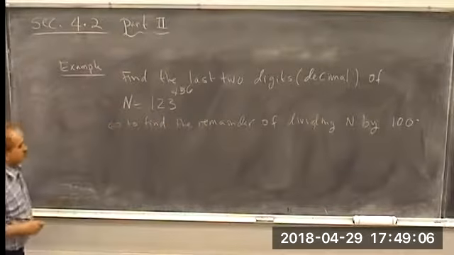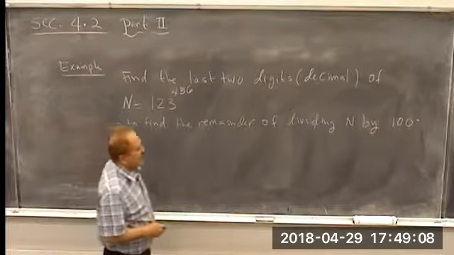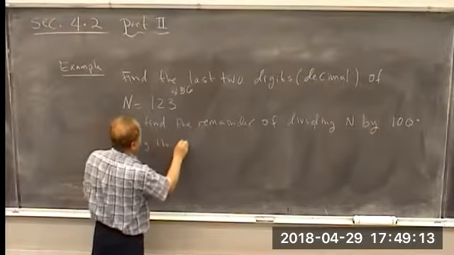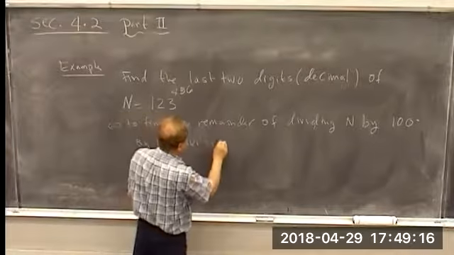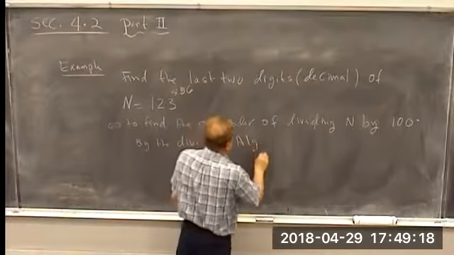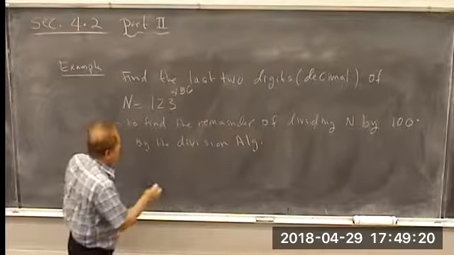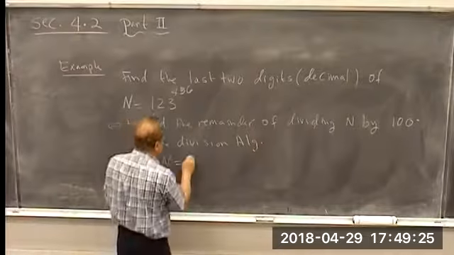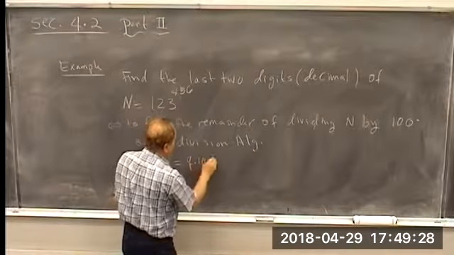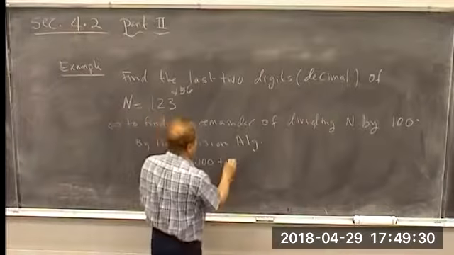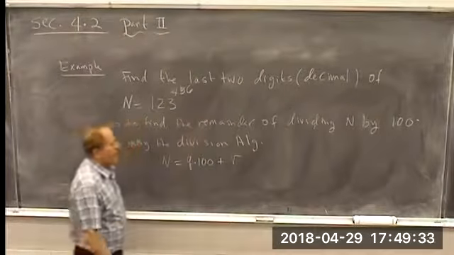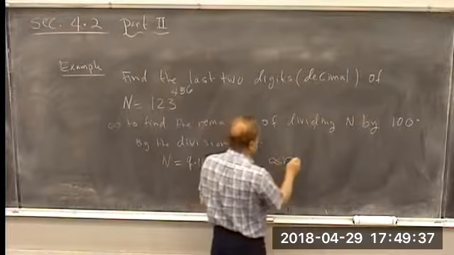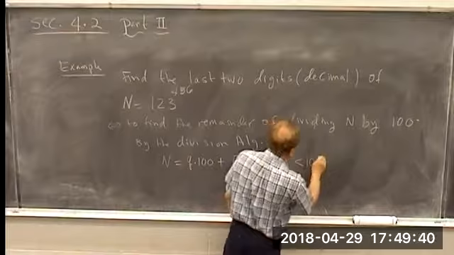Remember, by the division algorithm, when we divide, we could express n as a quotient times 100 plus r, where r is bigger than or equal to 0 and less than 100.